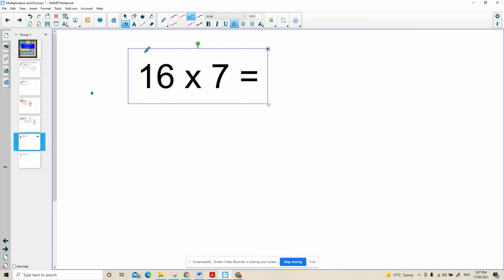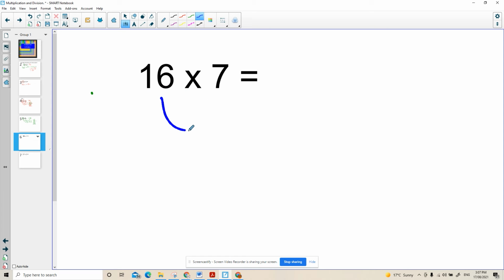I've got 16 times 7. So let's pick a different pen. So 16 again, always breaking it up into the easiest that we can do. So we've got a 10 and a 6 because we know 6 and 10 is 16. I'm going to put my times in. Because I've got this number sorted, 16 is there, it's a 10 and a 6. I now have to put the 7 down.